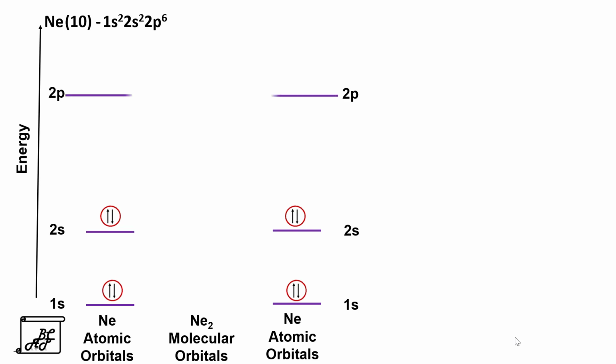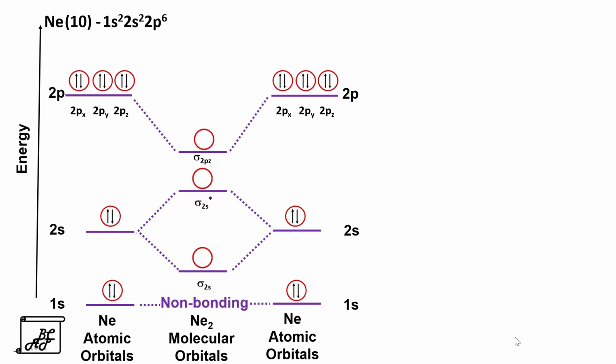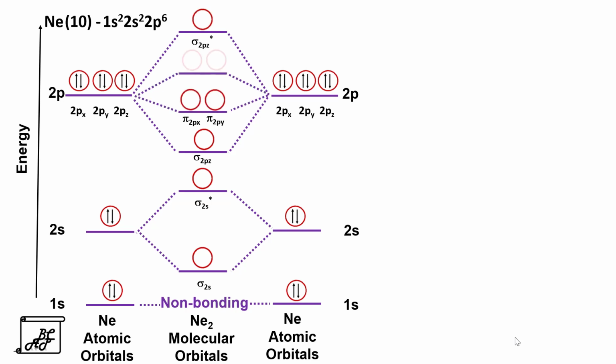Above 2s there are 2p orbitals with all the 2px, 2py, 2pz filled orbitals. 1s orbitals will remain non-bonding. Similar to oxygen and fluorine, the 2s orbitals will overlap with each other to form one bonding and one antibonding molecular orbital. 2p orbitals overlap with each other to form 3 bonding molecular orbitals and 3 antibonding molecular orbitals.